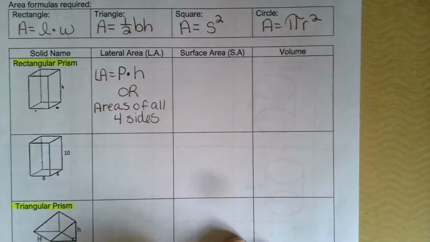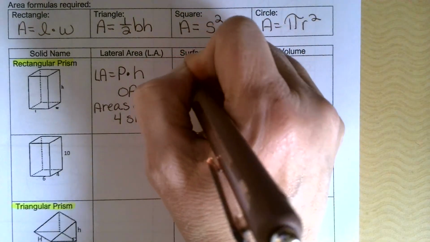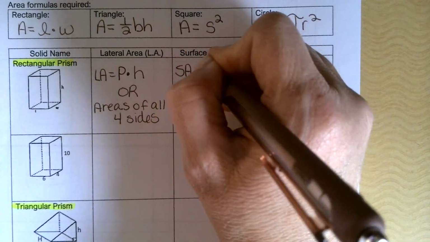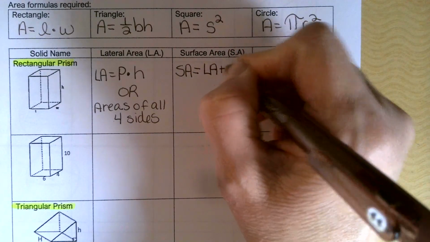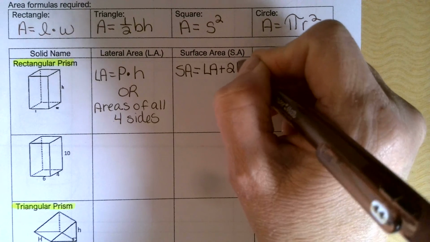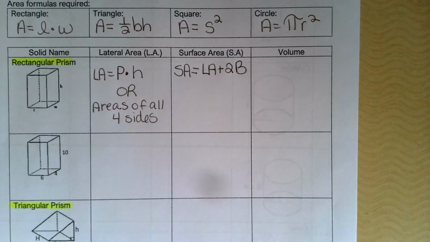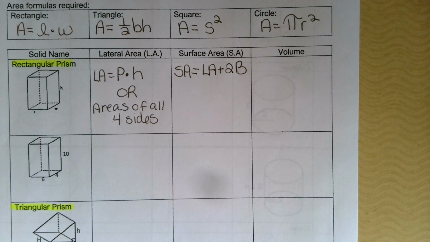Okay, surface area is the lateral area plus 2 times the area of the base. Now that's kind of hard for you to comprehend with those new letters, okay? So this is where you can memorize a formula, or you can just logically figure it out.